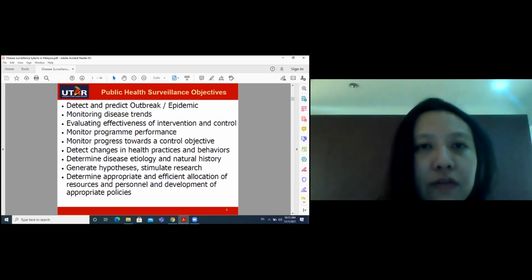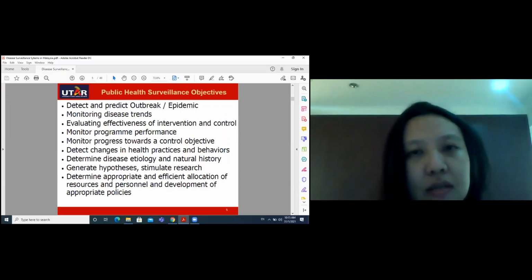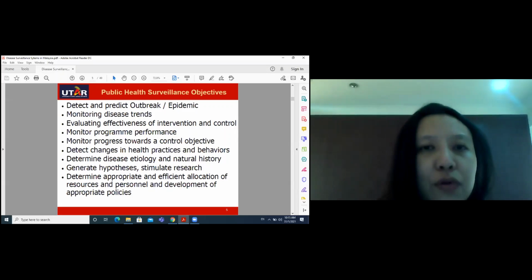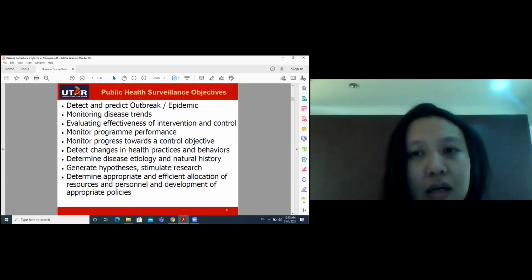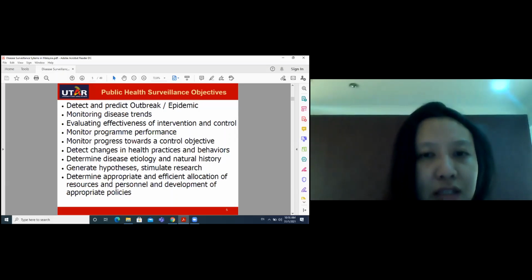The objectives of public health surveillance include the detection and prediction of outbreaks, epidemics or pandemics. We also use surveillance data to monitor disease trends, to see whether the implementation of public health programs is effective in controlling disease, and to detect changes in health practices, health policies and health behaviors implemented in our population, and whether they are effective.